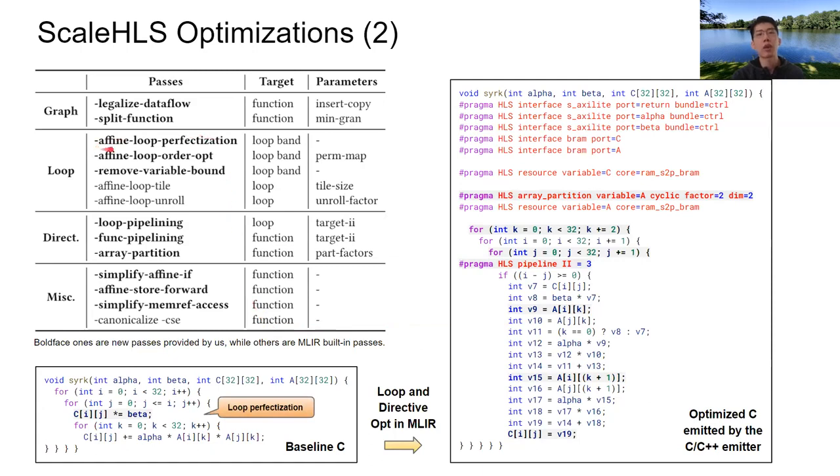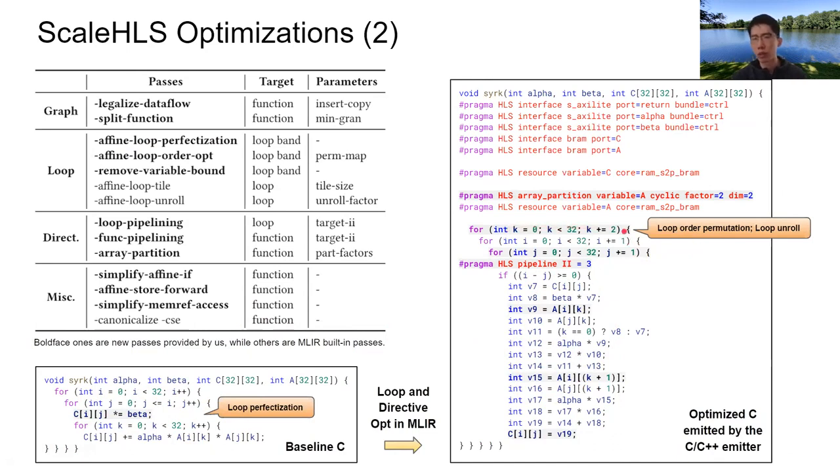So first, we have a loop perfectization optimization pass to perfectize the nested loop. In this example, this statement is moved into the loop body. And then we have loop order permutation, which can automatically detect what is the loop order that can benefit the performance improvement and automatically apply the loop order permutation on the nested loop.